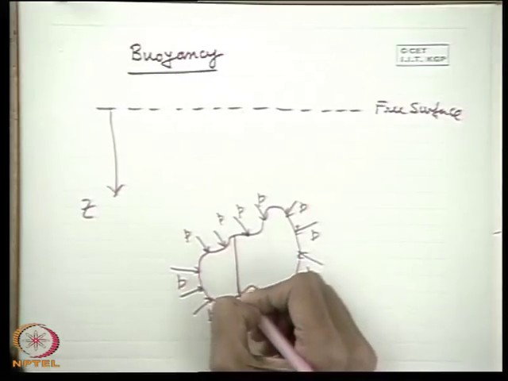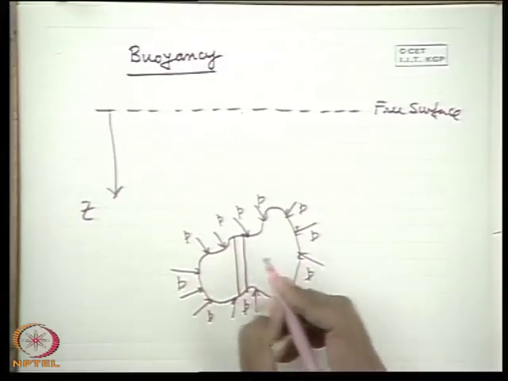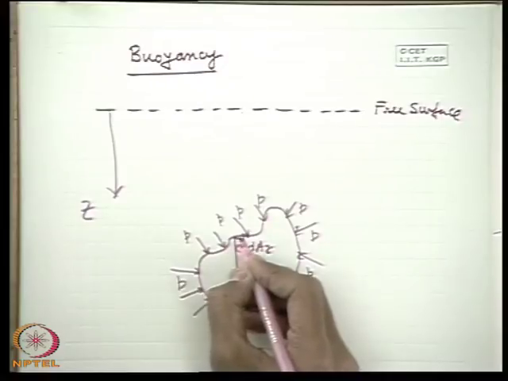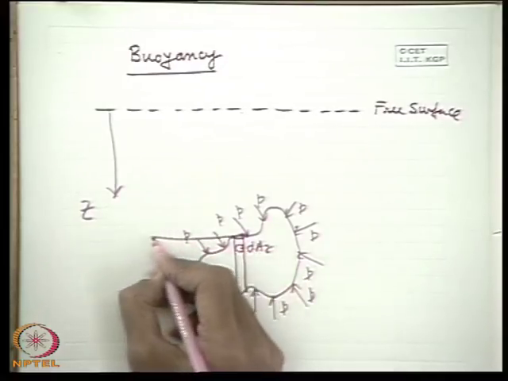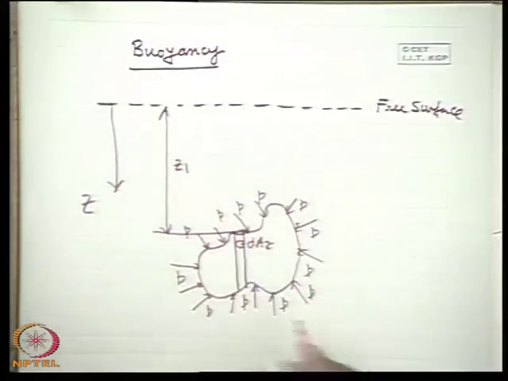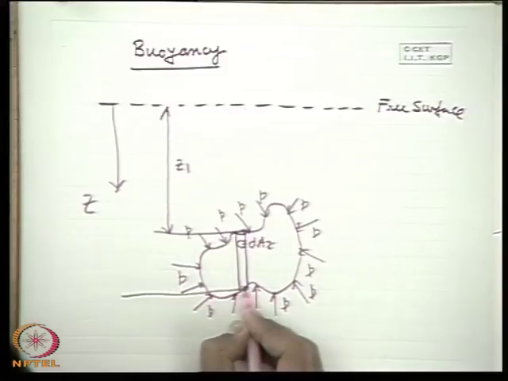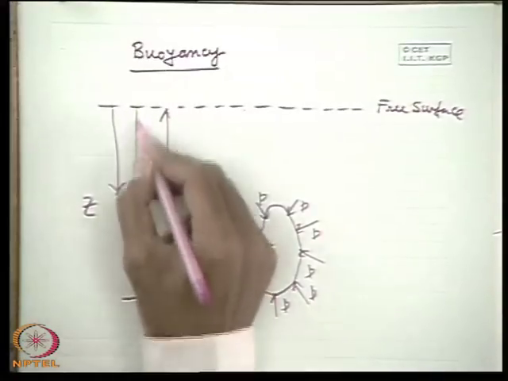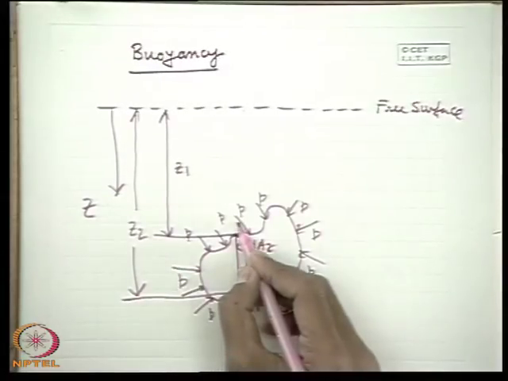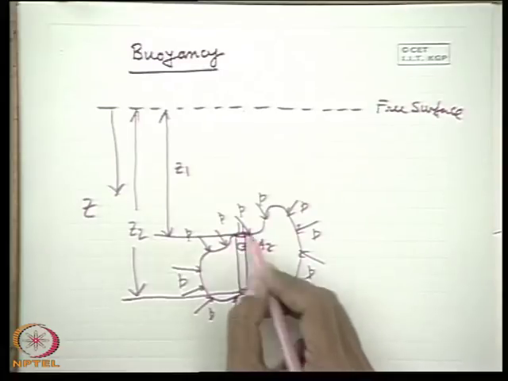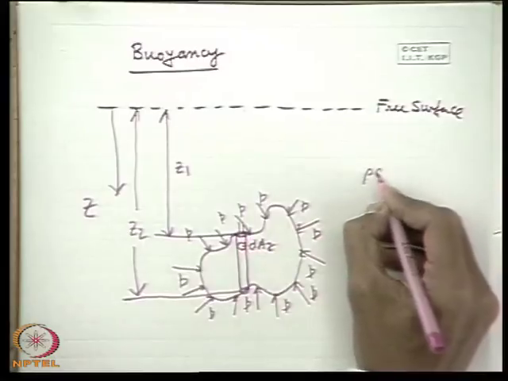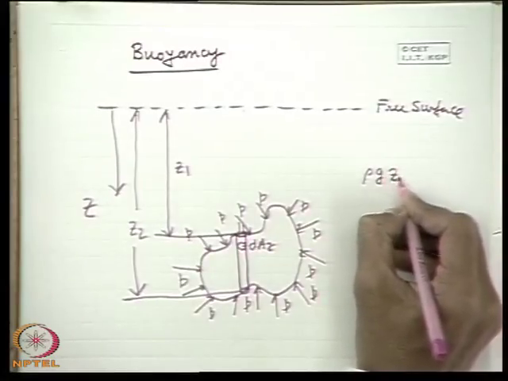Now if we take a prismatic liquid element whose cross sectional area is dAz, in such a way that the upper surface is at a depth Z1 from the free surface, while the lower surface of the prismatic fluid is at a depth Z2, then we can write that the vertical component of the pressure force on this prismatic element of the surface of the body, on the upper surface, is dF1 equal to rho g Z1 into dAz.